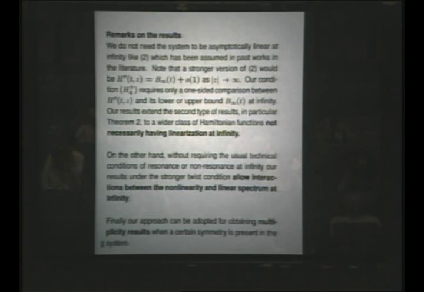Now let me give you an outline of the proof. The basic idea is to modify the original problem so that you can work on the modified problem, and then you can control the solution you get for the modified problem. So eventually you get solutions for the original problem.